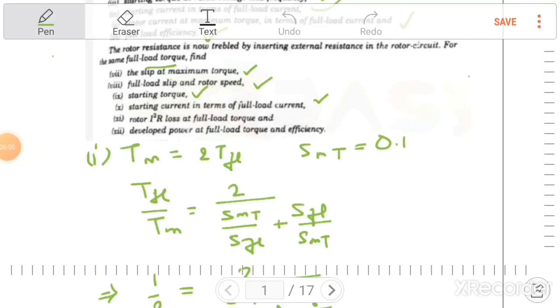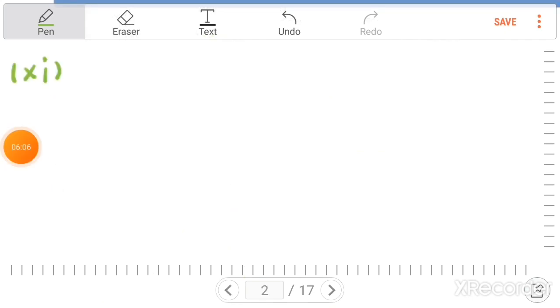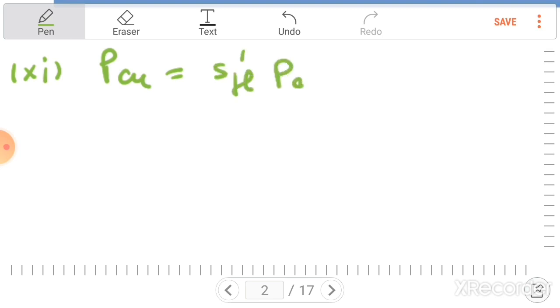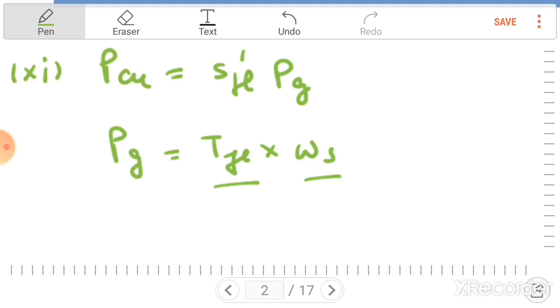In the 11th part, rotor I squared R loss at full load torque is asked. Rotor copper loss, or I squared R loss, is equal to S at full load dash multiplied by PG, where PG is the air gap power. Here PG remains constant because PG equals torque at full load multiplied by omega S. Torque at full load is given as constant and synchronous speed always remains constant, so PG will be constant here.